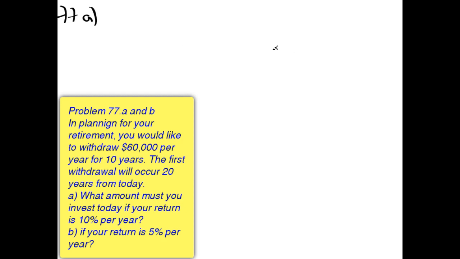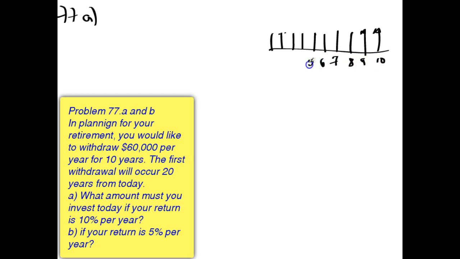In the last years we want to be able to make 10 withdrawals. So we have 1, 2, 3, 4, 5, 6, 7, 8, 9 and 10 withdrawals. I hope that's right. So this is the 10th, 9, 8, 7, 6, 5, 4, 3, 2 and 1.